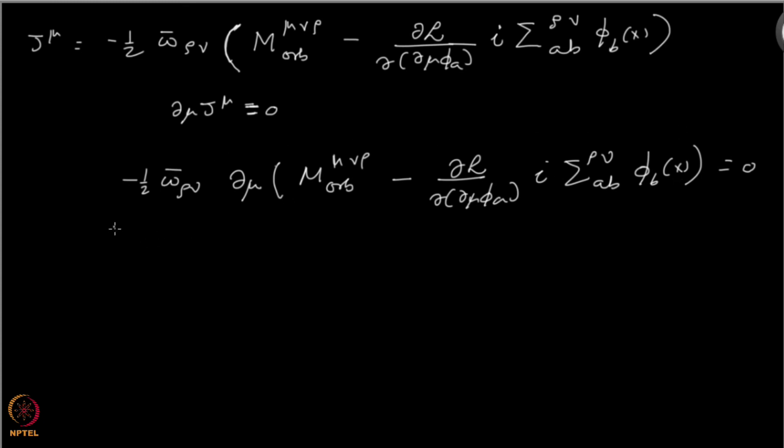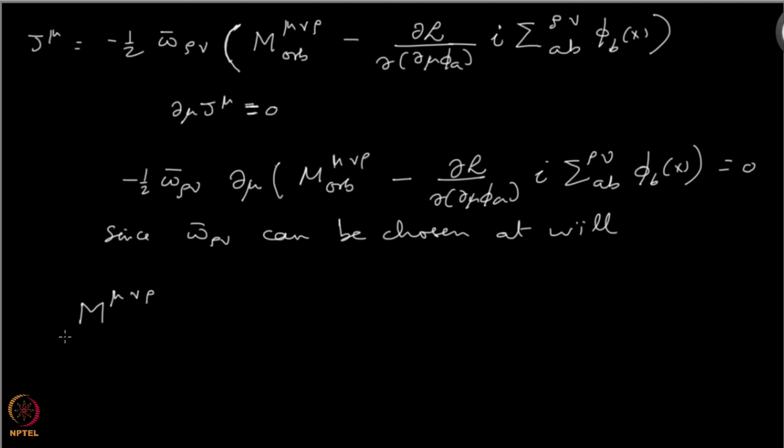So since omega bar rho nu can be chosen at will, this has to be identically 0, meaning the conserved current now is this object. Of course you know this object has 3 indices now, mu nu rho. So the conserved current is this m mu, and it carries these indices nu rho. Okay, here it's fine.